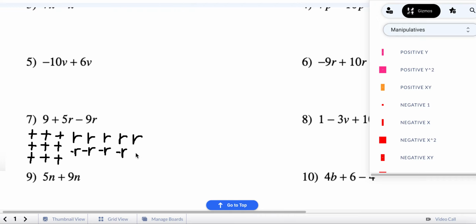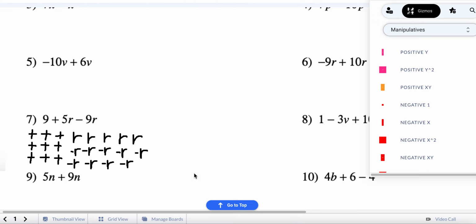Because you don't have to write a plus to say that something is positive. But you do have to write a minus or a negative to say that something is negative. So when you don't see a sign, it is a positive number. So here we have 1, 2, 3, 4, 5, 6, 7, 8. One more, negative r. Okay, so we are done modeling our expression.